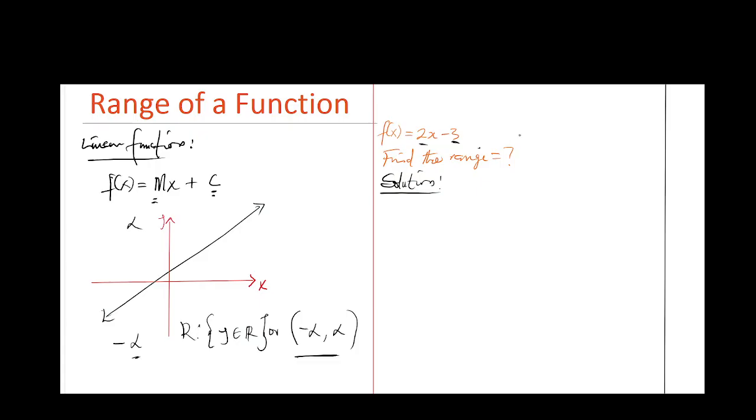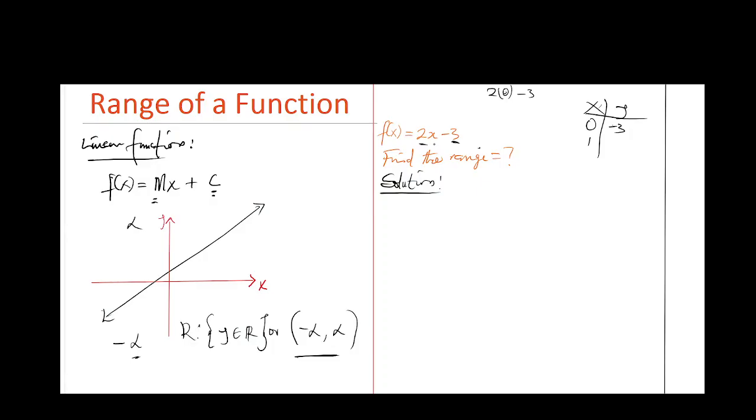Now let's take a table of this. Let's find the y values for given values of x, and that will guide us in plotting the straight line graph. So when x is 0, if we replace x with 0 there, we are going to have 2 times 0 minus 3. So when x is 0, y is minus 3. Now when x is 1, let's see what will be the value of y.